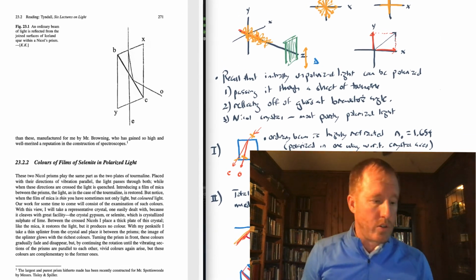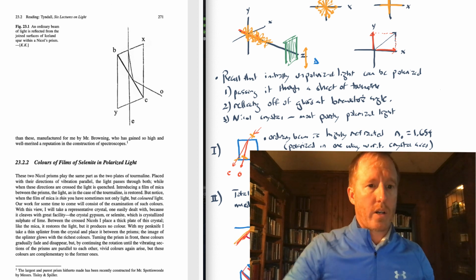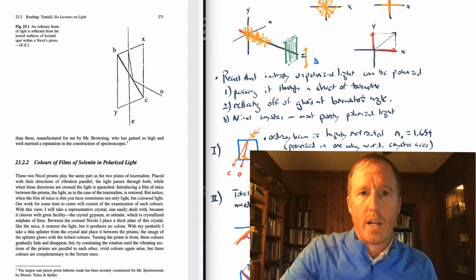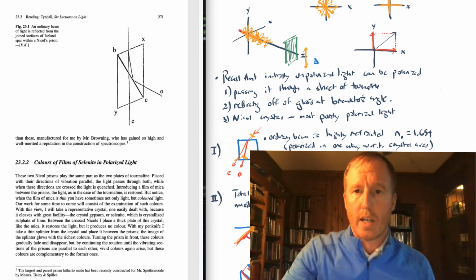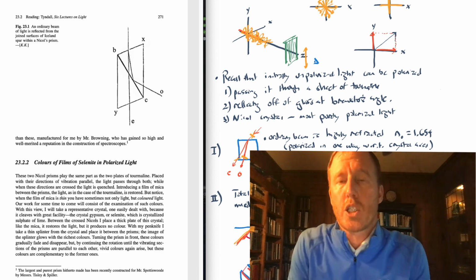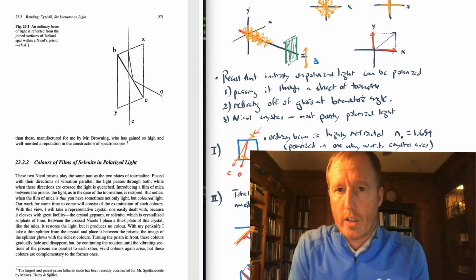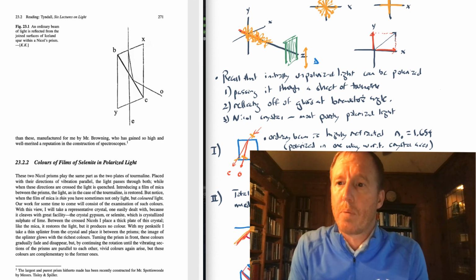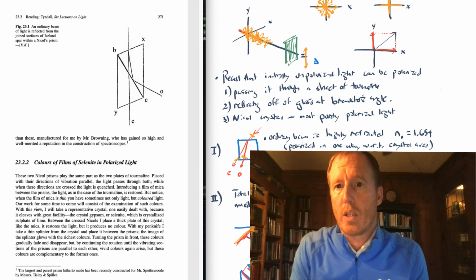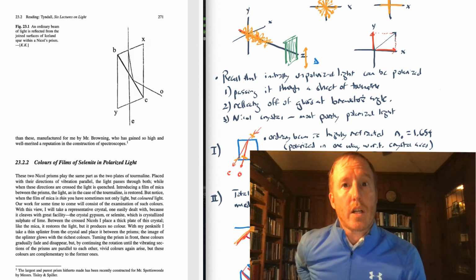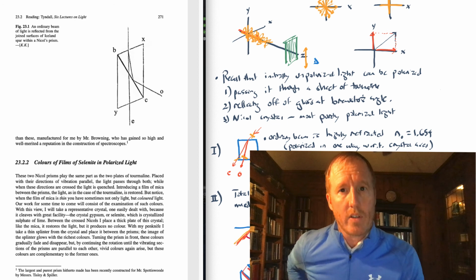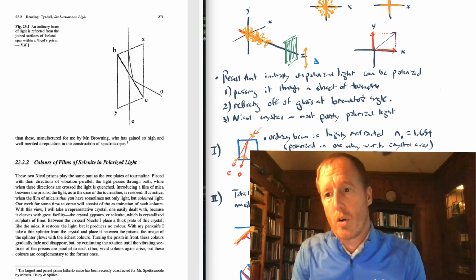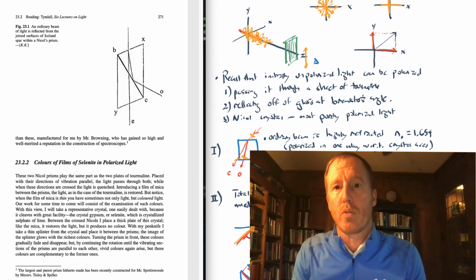Next time I'm going to spend some time talking about the colors of films of selenite in polarized light. This is a little bit of a challenging thing to understand, but it's directly responsible for the kinds of things that you saw in lab this past week when you held two crossed polarized filters and held a thin sheet of mica between them, or when you held some cellophane tape, and it was perhaps most obvious when you put cellophane tape on a sheet of acetate between these two crossed polarized filters, you saw these beautiful colors appear.